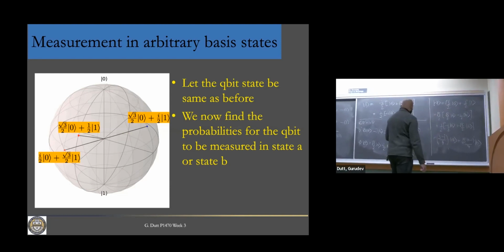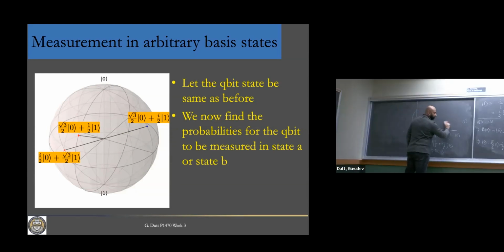Well, let's calculate the probabilities. If you're wrong, it will become very obvious. Probabilities don't add up to 1. Maybe I made some mistake in the algebra. Always possible, when you're keeping track of all these numbers. Probability to be in A is modulo 3 minus i over 4 squared.